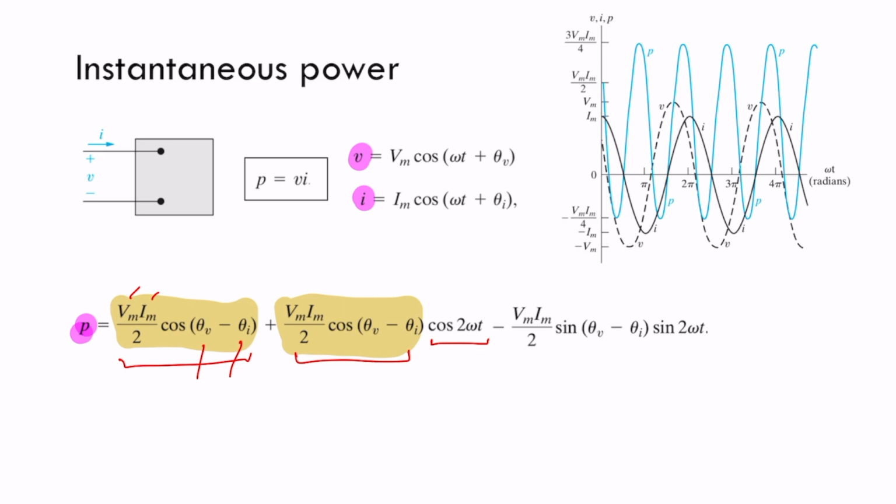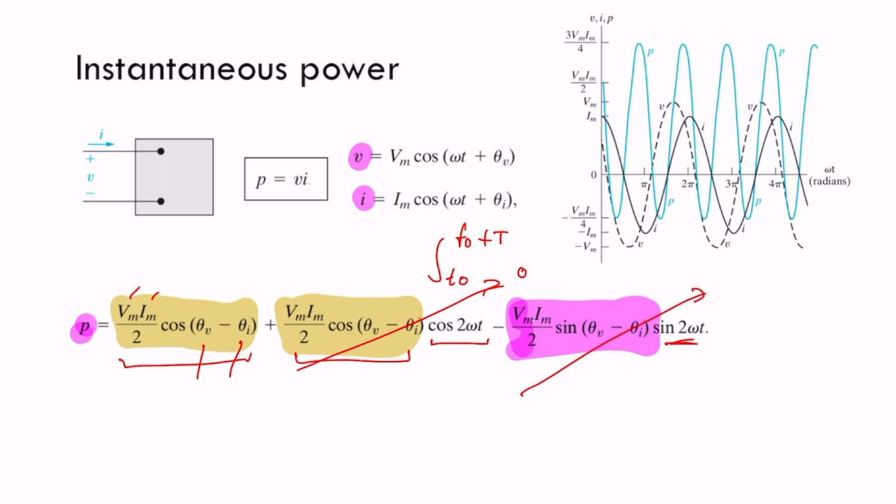If I integrate this value over time, from some t0 to t0 plus T, the integration will give you 0. We also have another term here, the last one, which is similar, but it's a sine multiplied by sine of 2 times omega t.